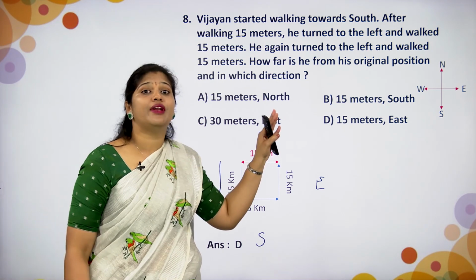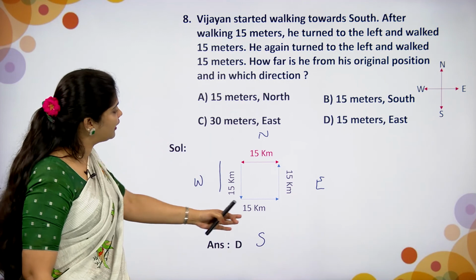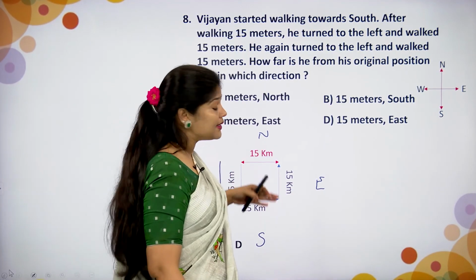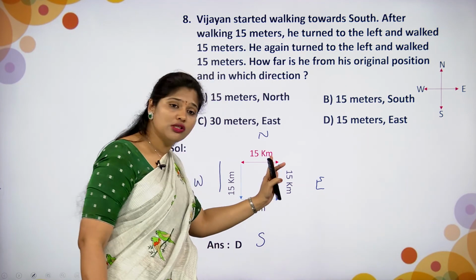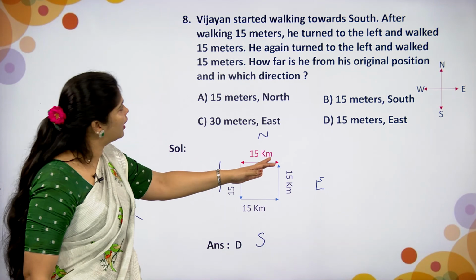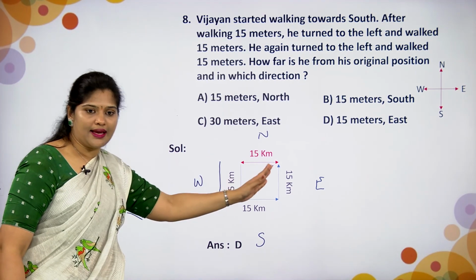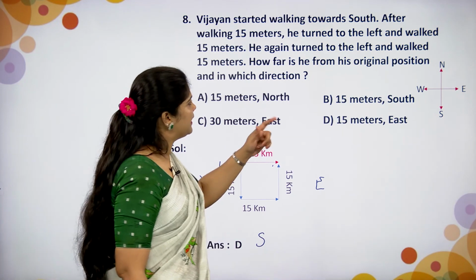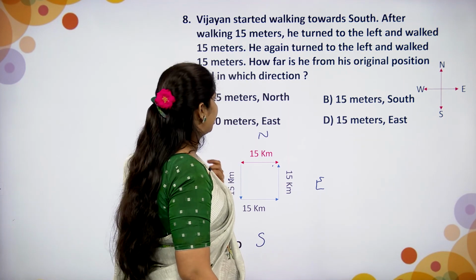He turned left direction, that is 15 meters, and again he takes 15 meters left direction, and again he turned left and walked 15 meters. How far is he from his original position?